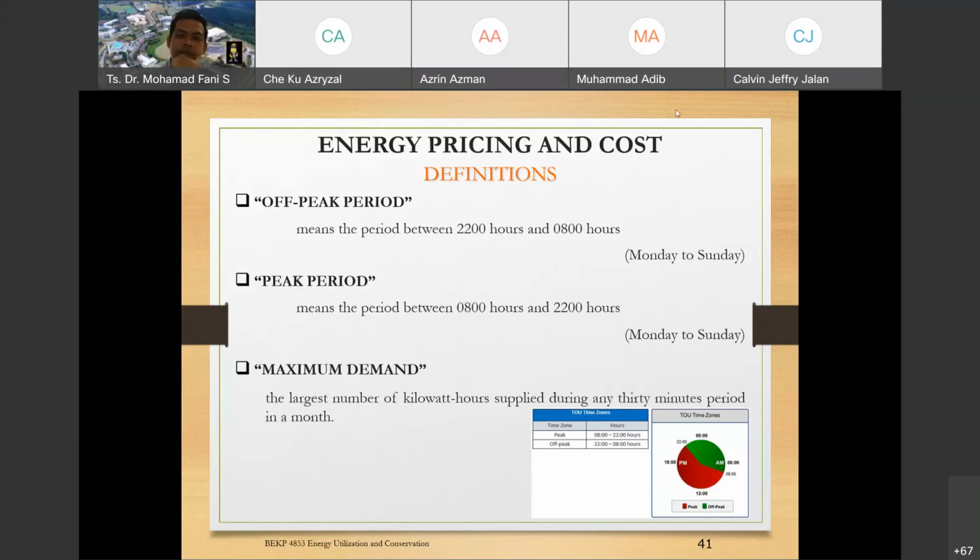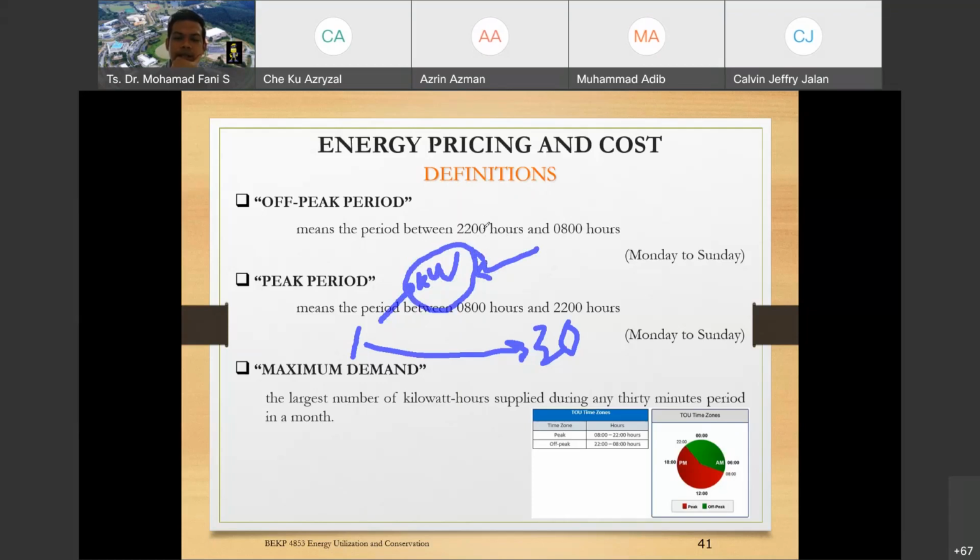For example, in one month from day 1 to day 30, the peak power used by the consumer will be recorded by the TNB meter.